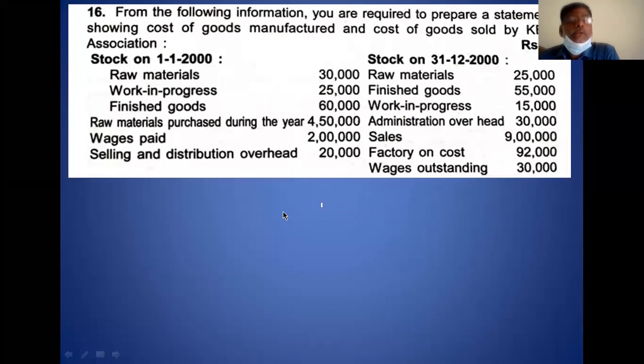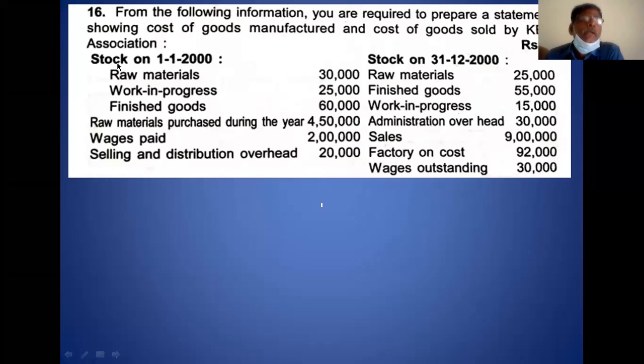All the remaining problems are the same. You see this problem number 16 from the Baligar book. From the following information, you are required to prepare a statement showing cost of goods manufactured and cost of goods sold by Key Association. Key Association is the name of the firm.